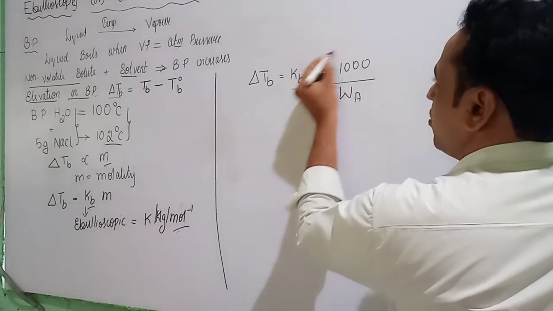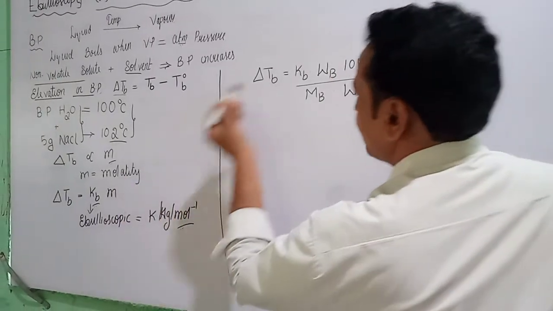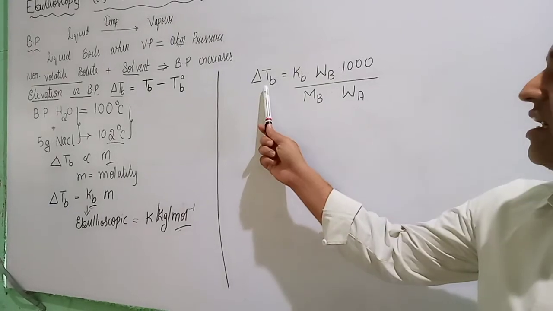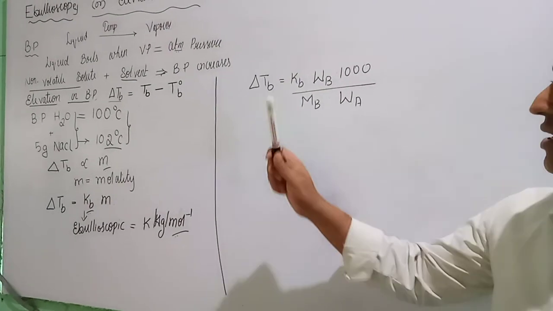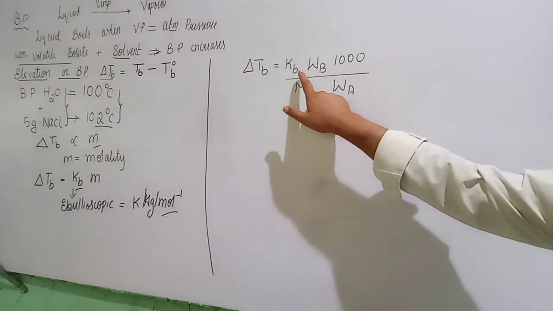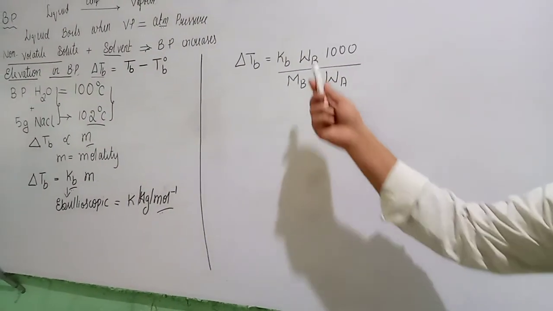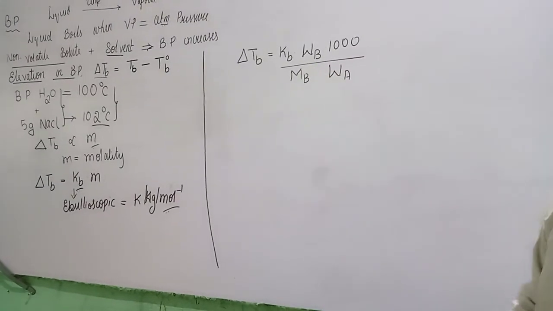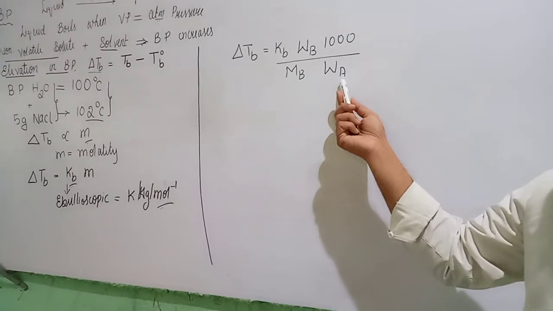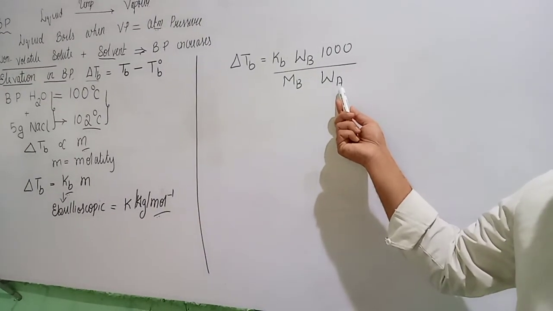This is the formula to calculate molality that I have substituted in the formula. Here delta TB is the elevation in boiling point, the increase in the boiling point after adding non-volatile solute. Kb is the ebullioscopic constant. Wb is the mass of the solute, Mb is the molar mass of the solute, and Wa is the mass of solvent.